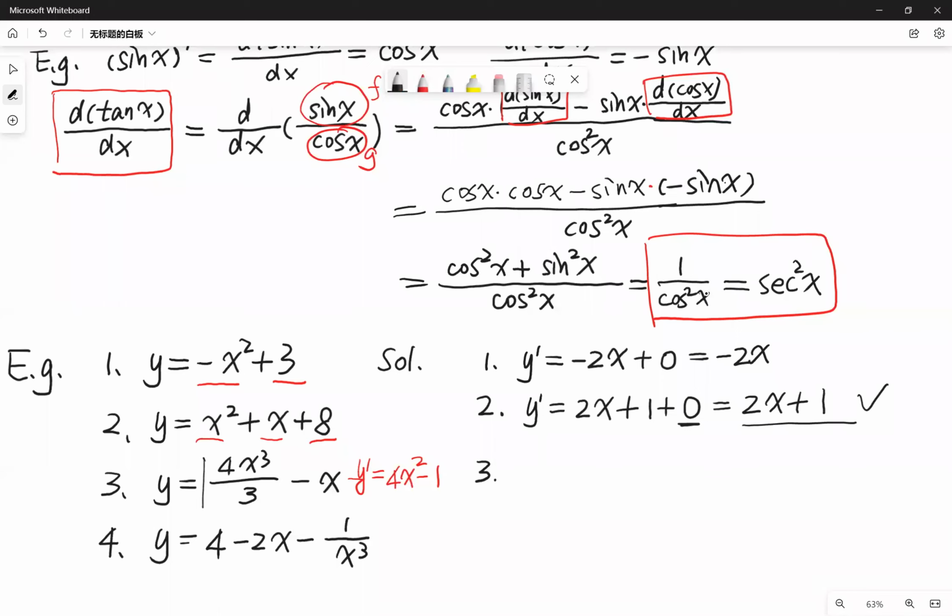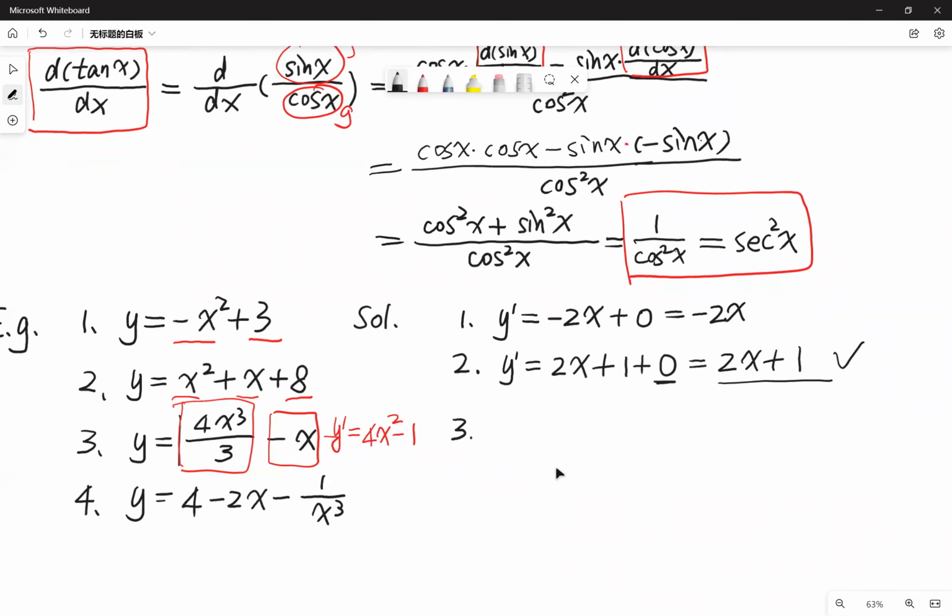For the first part, we should use the product rule. I get it now, I made a mistake. Yes, y equals 4/3 times x cubed minus x. And here g is a constant, right?